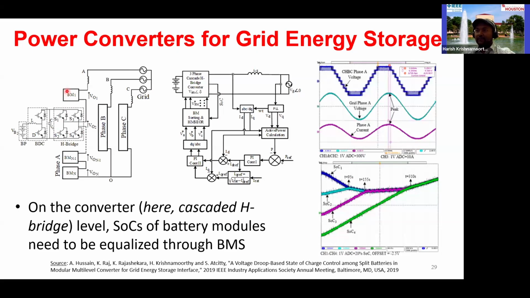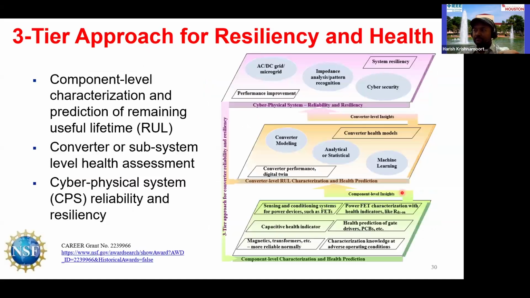What this does is, if there are mismatches across the voltages in different batteries, we have a smart control system that can help balance the state of charge, and effectively all four battery modules come back to the same state of charge and within a safe region. So using power electronics, we will be able to manage the voltages of different batteries.